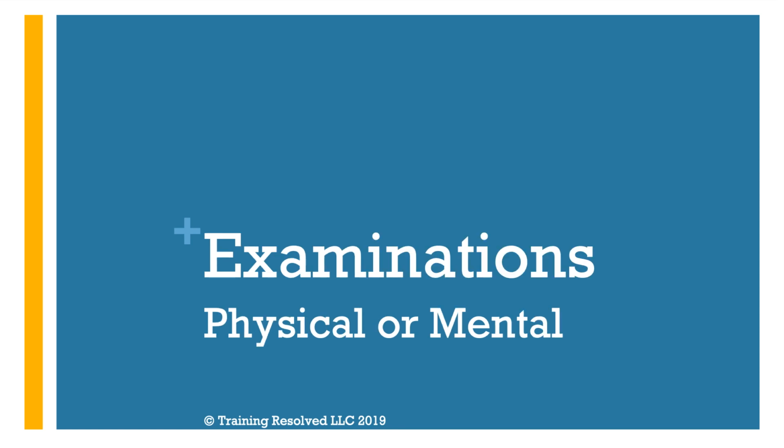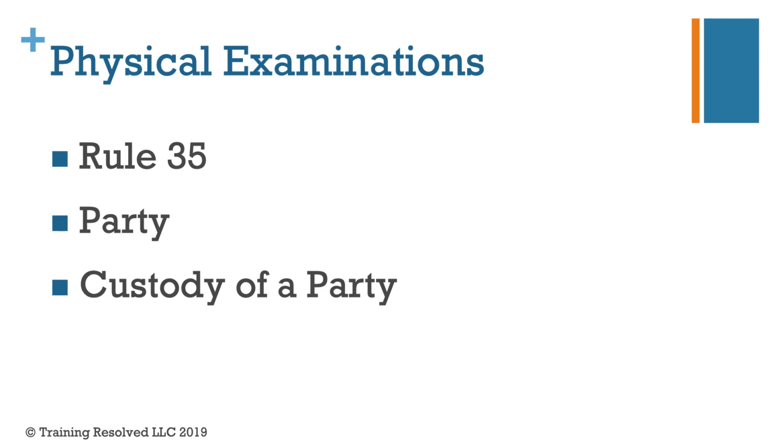The first one is examinations, and those can be physical examinations or mental examinations. Let's start with physical examinations. That is governed by Rule 35 of the Tennessee Rules of Civil Procedure. This rule allows for the physical examination of either party or someone that one of the parties has custody over.